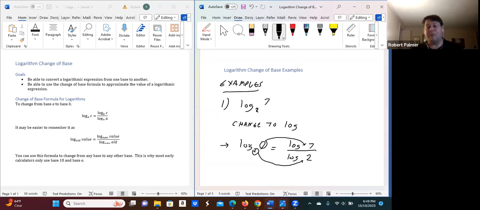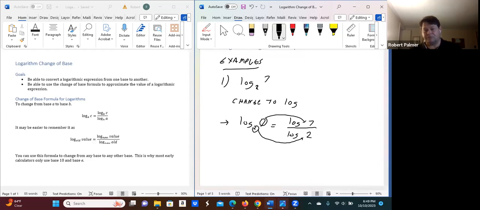So log base 2 of 7 is log base 10 of 7 divided by log base 10 of 2.